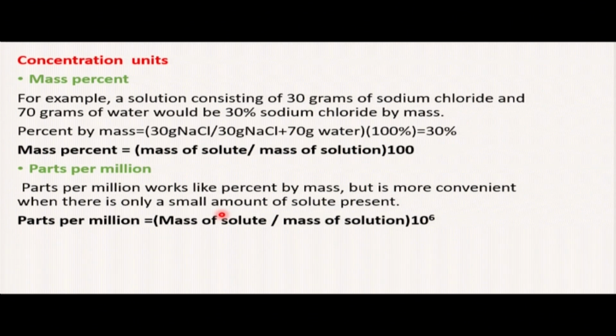We have to use parts per million. And the parts per million is the mass of the solute divided by the mass of the solution times 10 to the power 6, a million. That is parts per million.